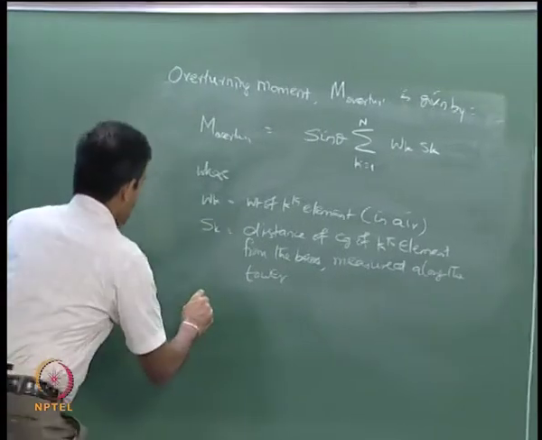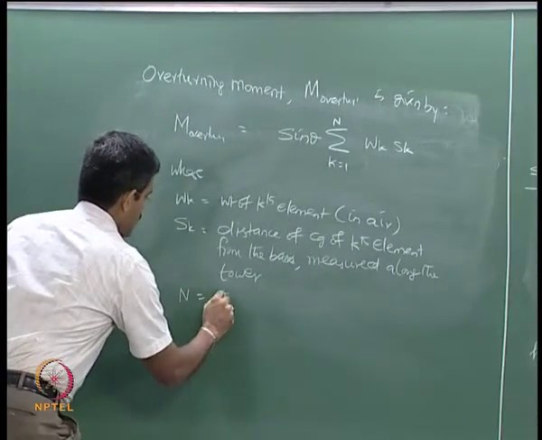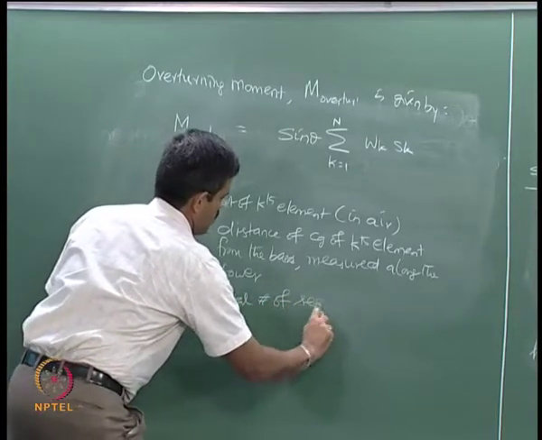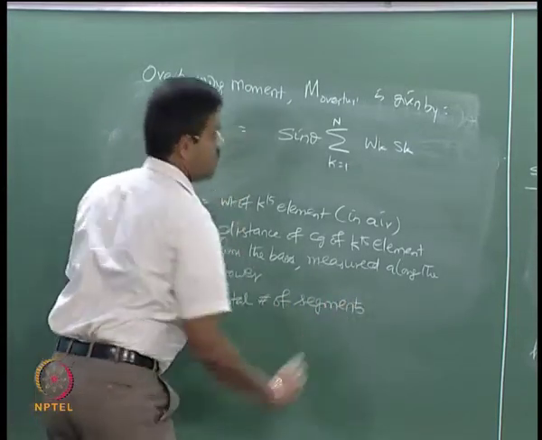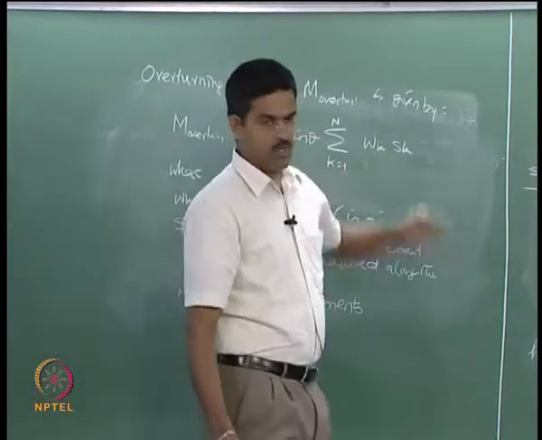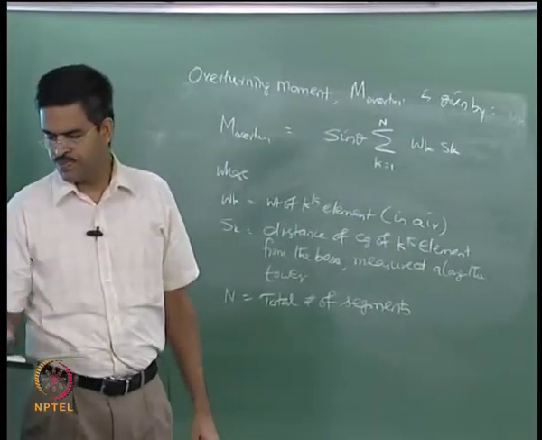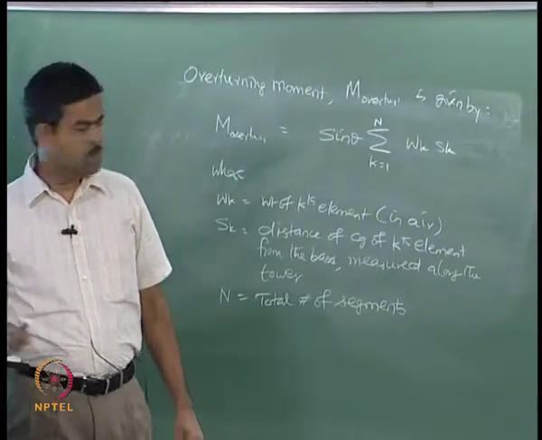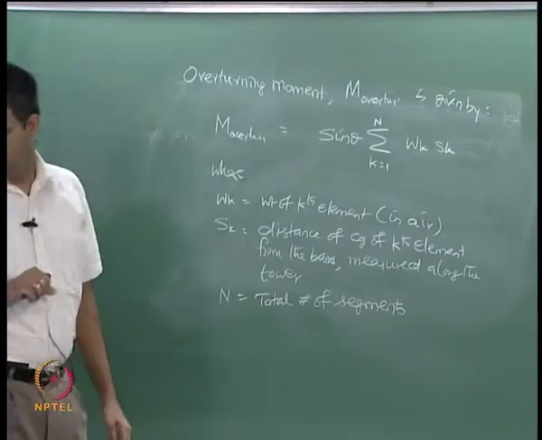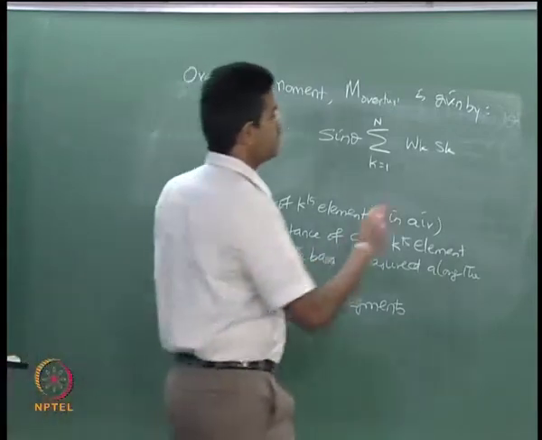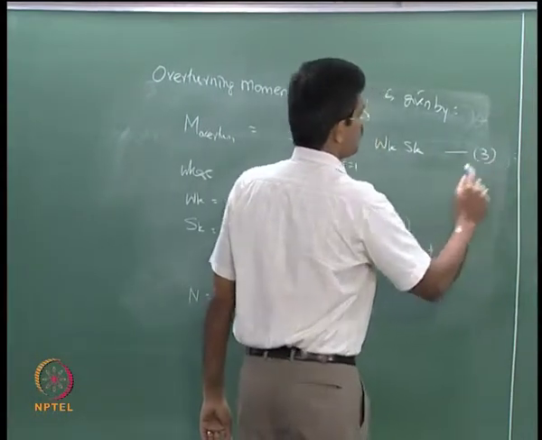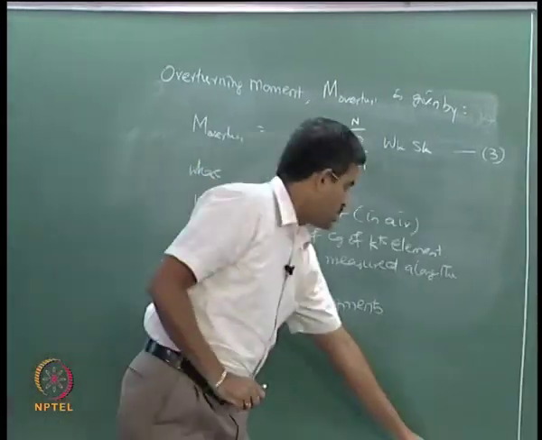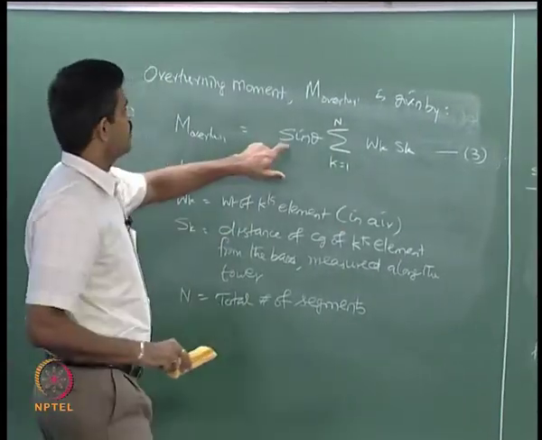Of course, N is the total number of segments. You are dividing this into N number of segments, total number of segments. Let me call this equation number 3. 2 was a rearranged equation of motion, and now this is the moment responsible for overturning.